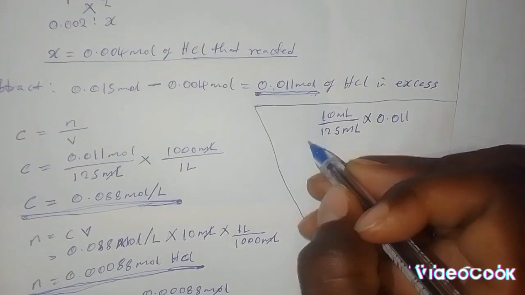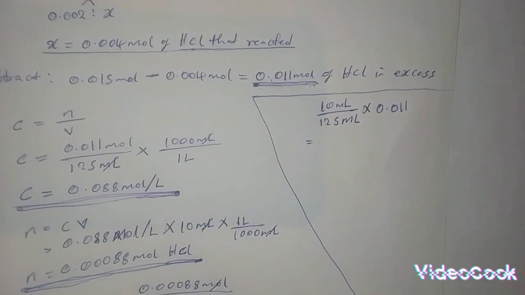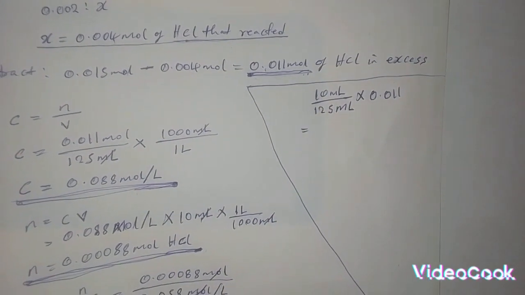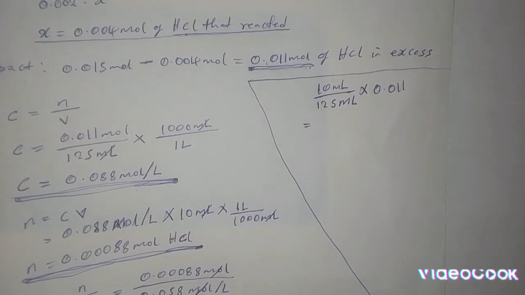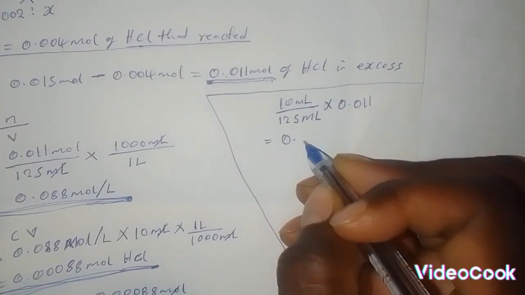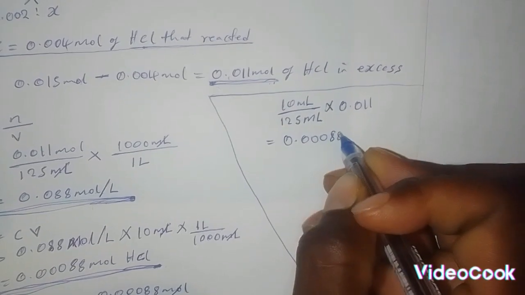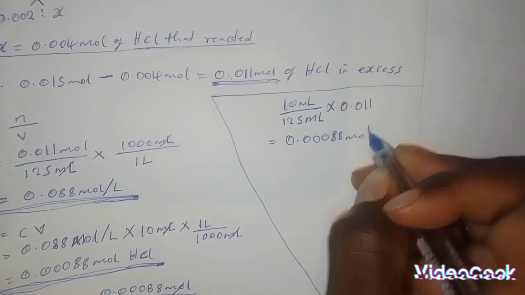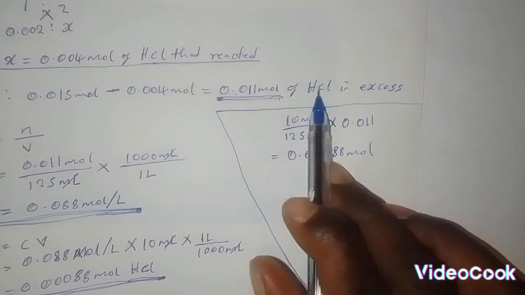When you do the calculations, we find that the answer is 0.00088 moles. This one is for hydrochloric acid.